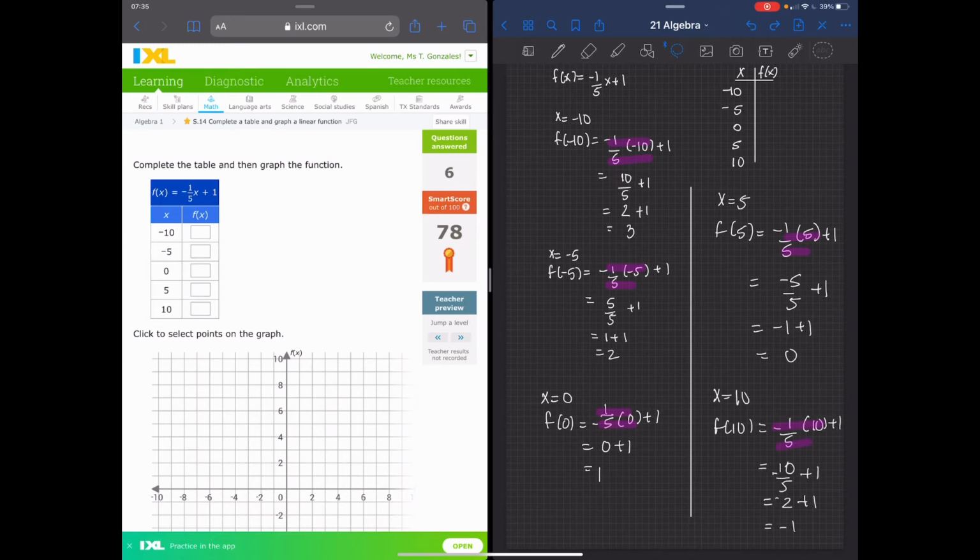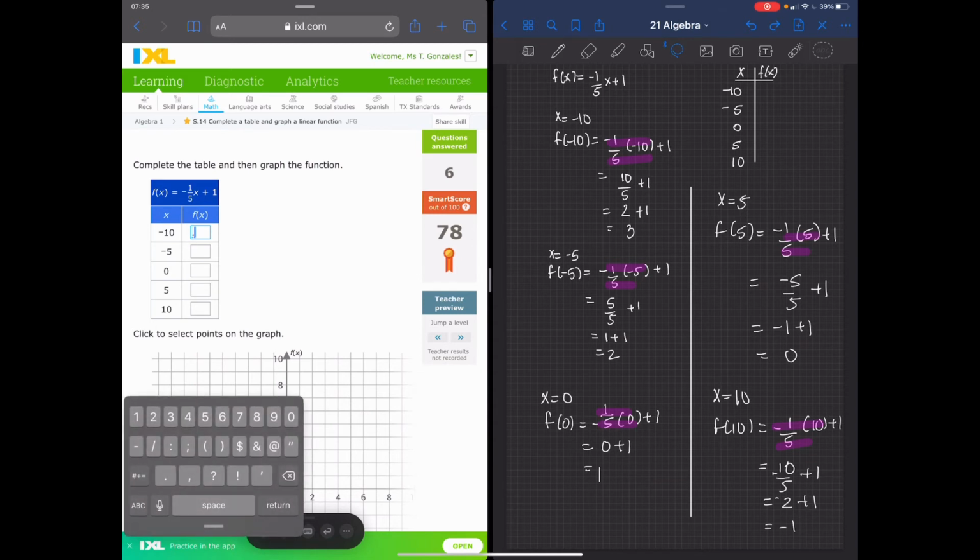And then lastly, x is 10. f of 10 equals negative 1/5 times 10 plus 1. So negative 10 divided by 5 is negative 2. Negative 2 plus 1 is negative 1. So I'm just going to substitute that back into my table.